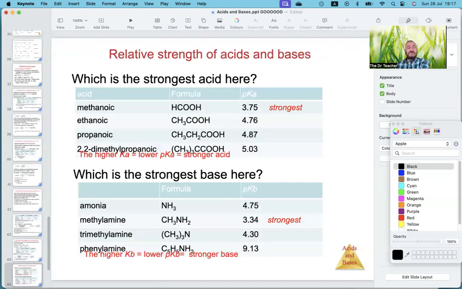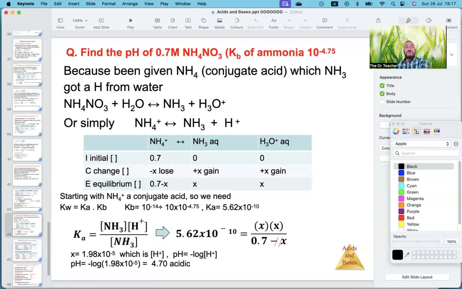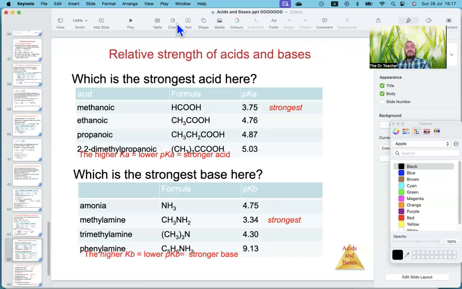And I think this is the relative... yeah, we did this. Relative strength of acids and bases. Which is the strongest acid here? Methanoic, this is the formula. Ethanoic, propanoic, 2,2-dimethyl propanoic acid.